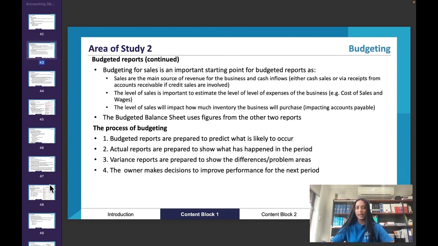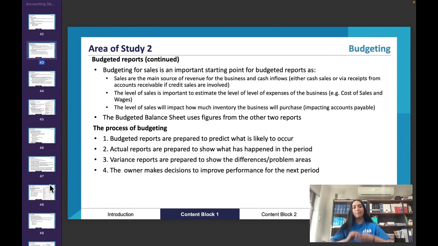Our budgeted sales are particularly important since sales are a business's main source of income. Like I was saying before when I was talking about the order of the income statement, inventory is the most important asset that a business owns, its main source of income, and sales of inventory is the most important revenue that a business earns.